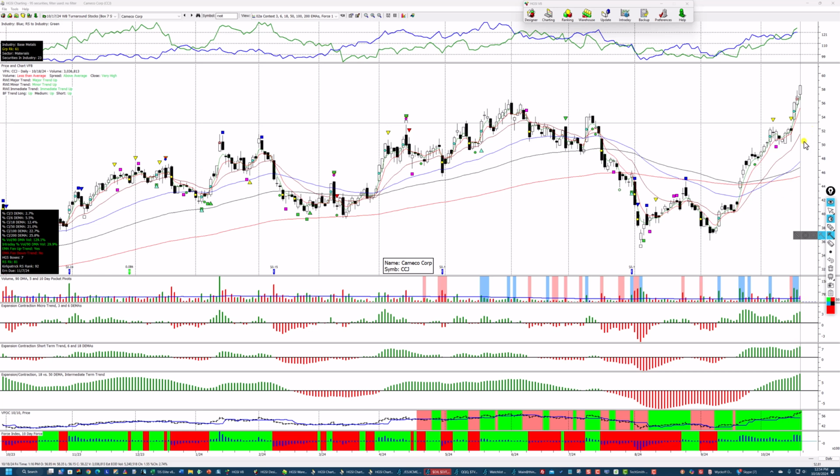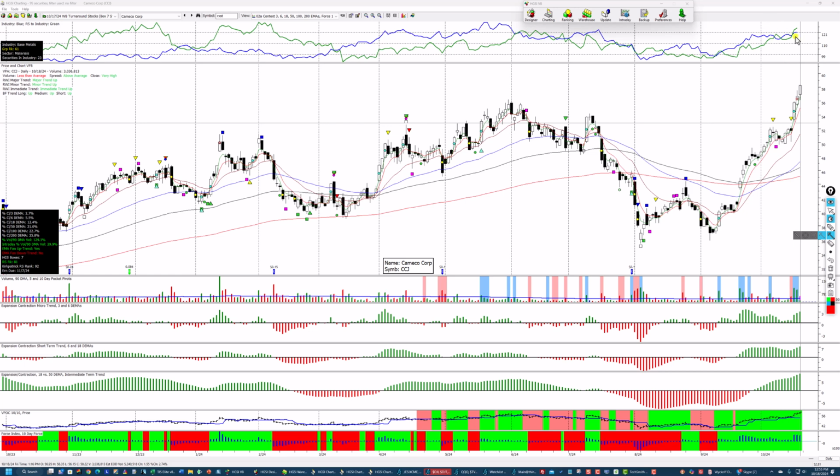Now looking up here, I haven't really commented on this yet, but the blue, if you look over here, all the way to the left corner, the industry is blue and the relative strength of the industry is green. So the industry is going up, and this stock is going up faster than the rest of its industry group because the green is moving up, as you can see.